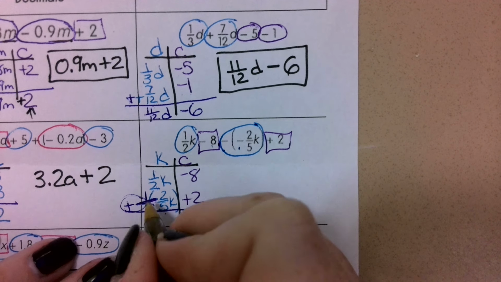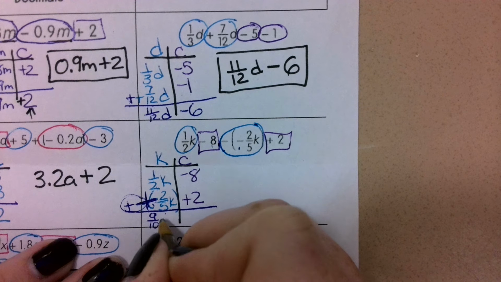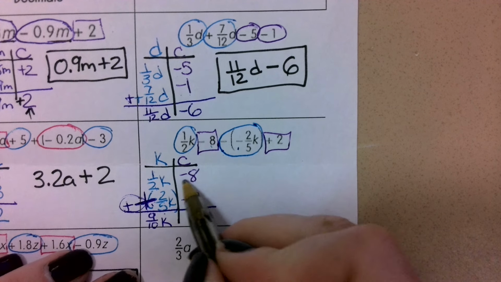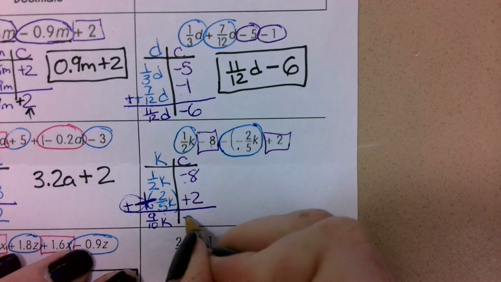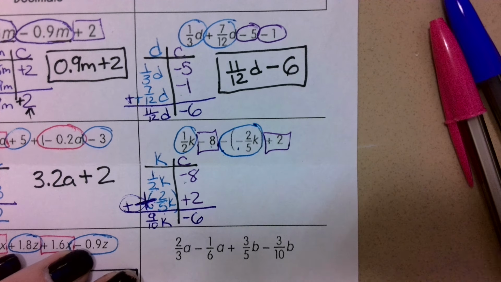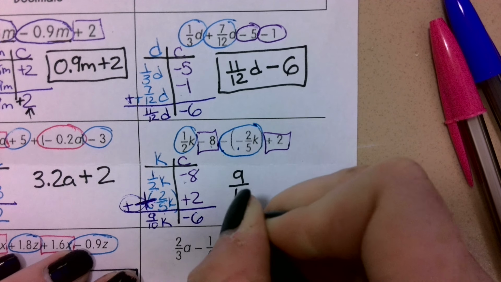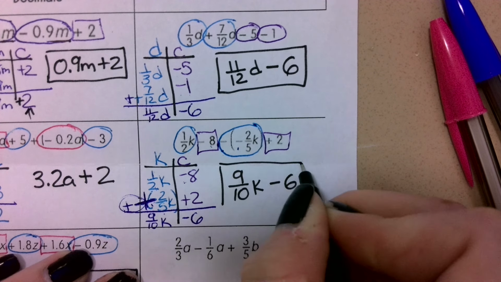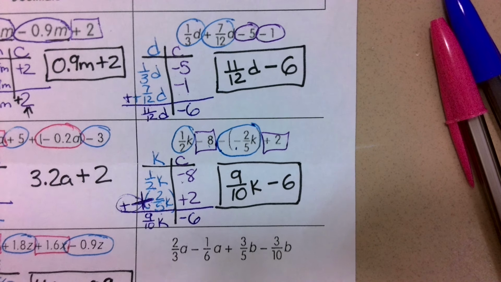And that gives you 9/10 k, or 0.9, however your calculator gives it to you. Then we have -8 plus positive 2 gives us a -6, which gives us a final answer of 9/10 k minus 6. We like to leave things in fraction form because it's our most precise version.